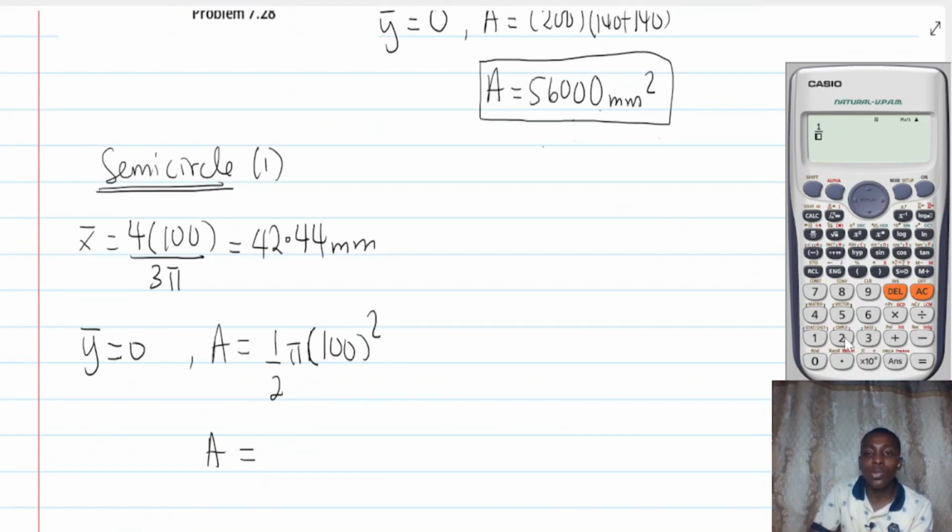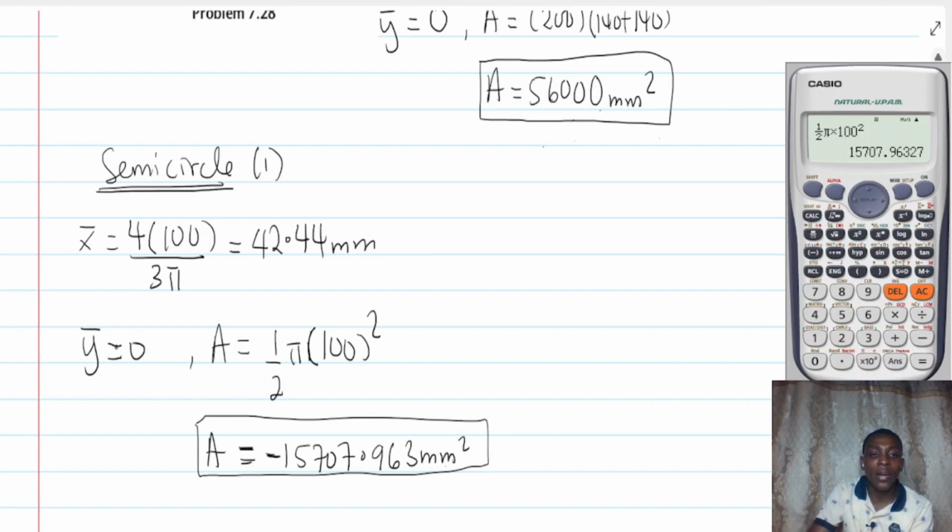So minus 15707.963 millimeters squared. The minus sign is because we are assuming that it's actually a hole. All right, so now we have our area, we have our y bar, and we have our x bar.